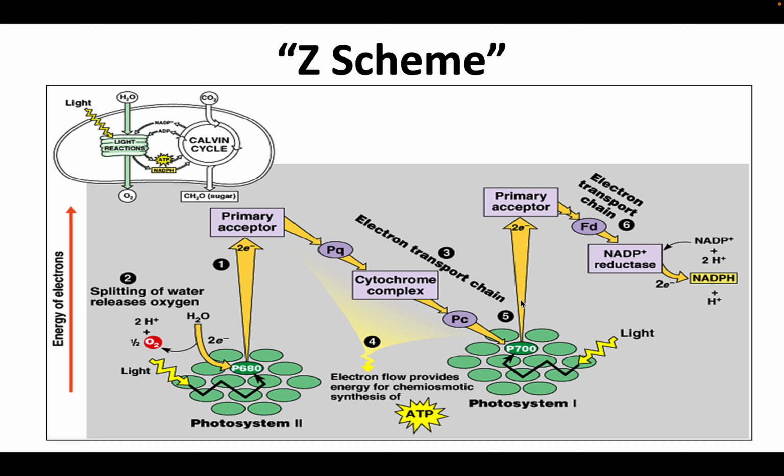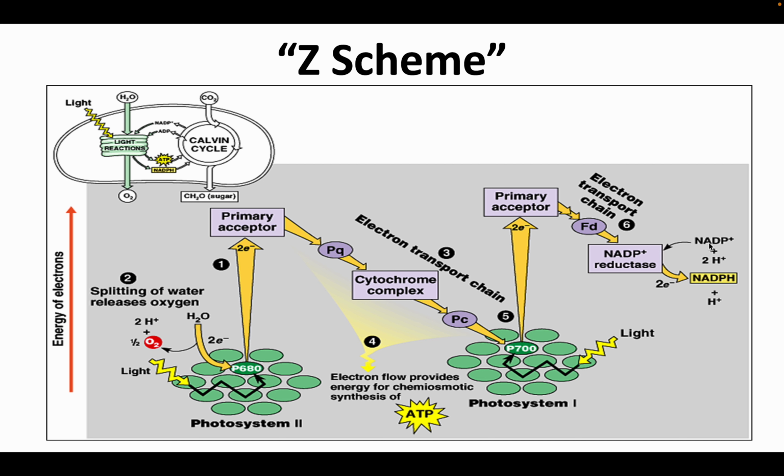Electrons get knocked off of photosystem 1 and sent to NADP plus reductase. This is another little electron transport chain. NADP plus reductase regenerates NADPH. So it reduces NADP plus to NADPH, right?